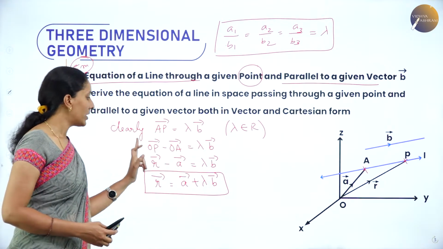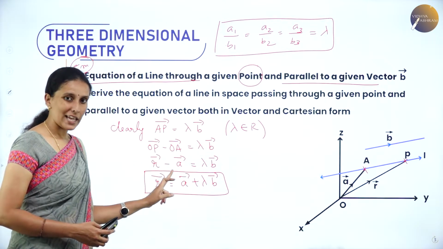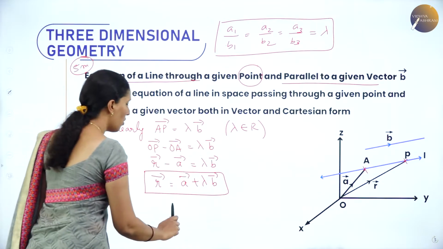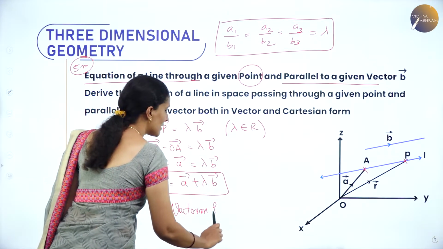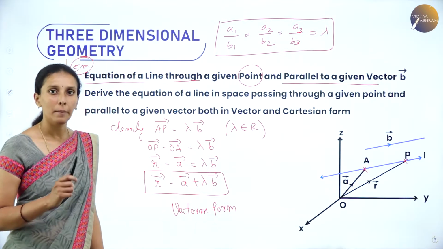We know that AP can be written as OP minus OA. OP is R, OA is A, and lambda B. Rearrange the terms. So this is your vector form of the equation of line which is passing through the point and parallel to the given vector B.